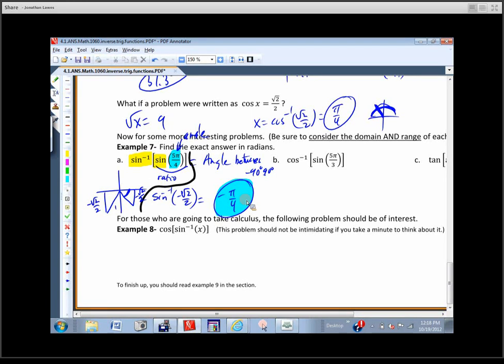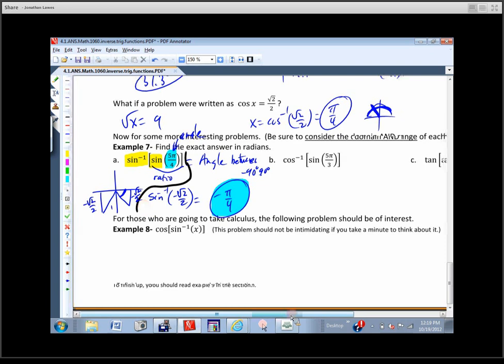It was negative pi fourths, and here's why. Is 5 pi fourths in the range of sine inverse? It's not, okay? So we have to find a triangle in one of these two quadrants that has exactly the same sine ratio. So one way you could do this is draw the picture over here, flop it in the right quadrant, and there's your answer. Any questions there?